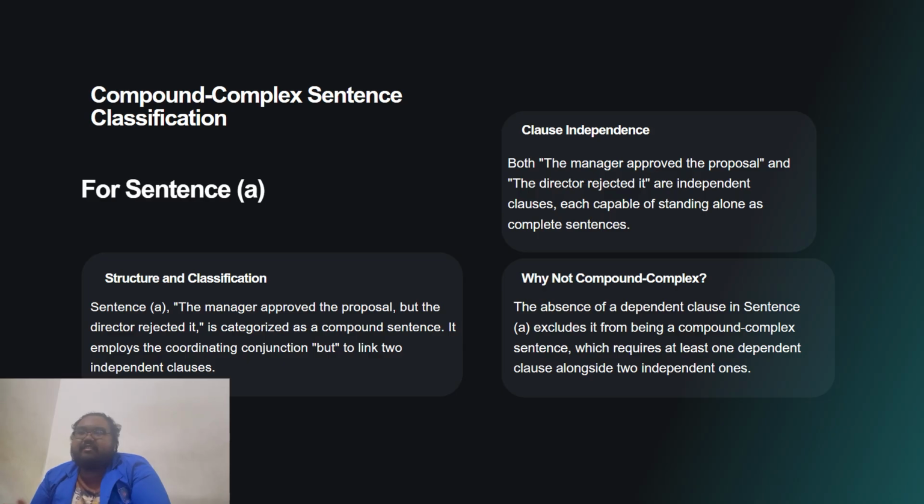Clause independence: both clauses are capable of standing alone as complete sentences. Why not compound-complex? The absence of a dependent clause in sentence A excludes it from being a compound-complex sentence, which requires at least one dependent clause alongside two independent ones.